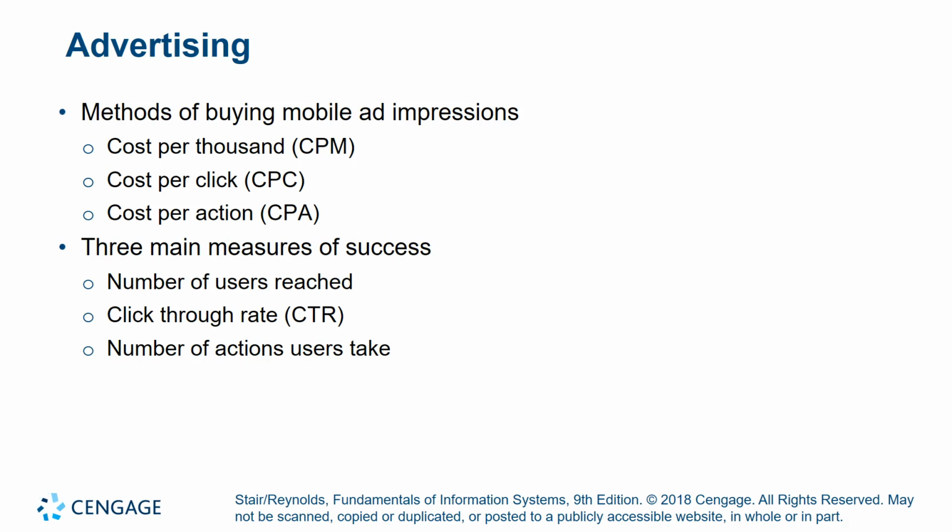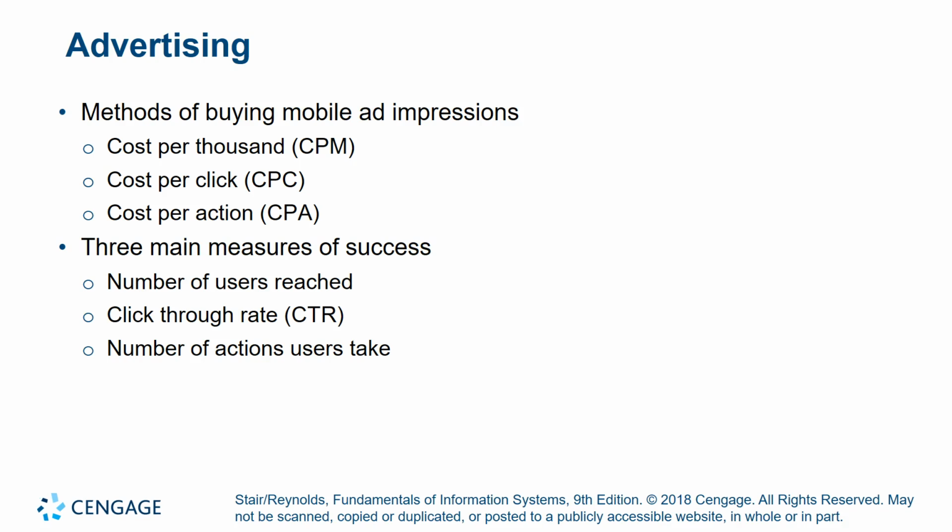So advertisers. A couple of things, there's some numbers. When I want to buy advertising online, I pay for it in a couple of different ways. So cost per 1,000 impressions. In other words, I may pay a penny for every 1,000 people that go to that website. I may pay a cost per click. In other words, if somebody actually clicks in that website, I may pay a price or an action of some sort.